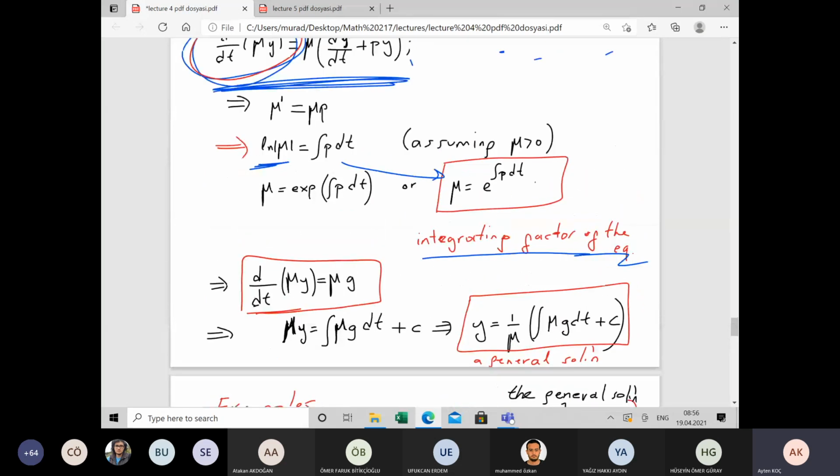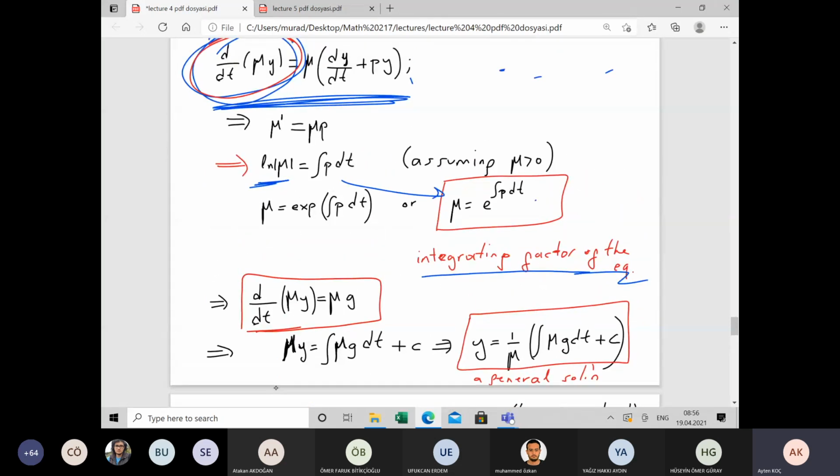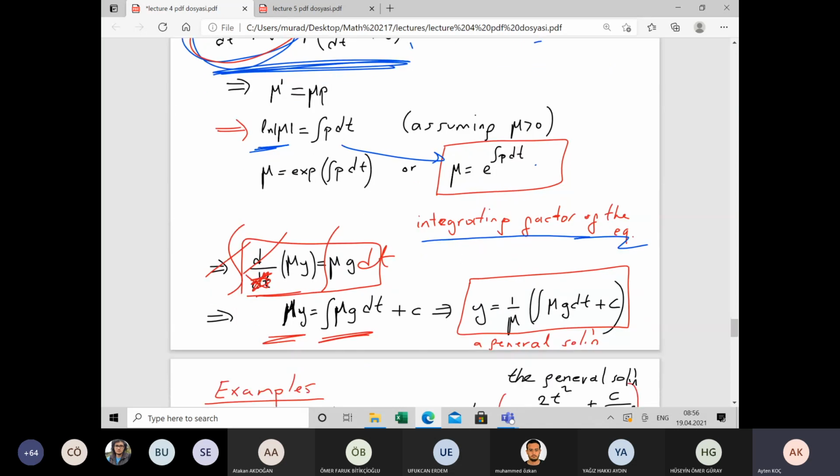Rewrite with dt and integrate both sides. Cancelling, mu y is equal to this integral. To get y, solve for y: we obtain 1 over mu times the integral plus c, where c is a constant of integration.